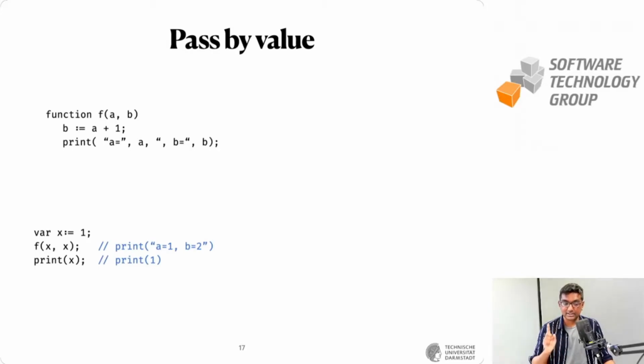But since you only pass the value, x still remains the same. It is unaltered by what the execution of the function did to its internal variables, which means when you try to print x, it's just going to print 1.